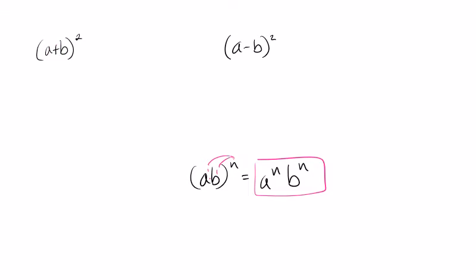So do not, on these, I repeat, do not try to distribute the exponents, okay? This is a very common mistake. And this here does not equal this here, okay? So do not try to distribute the exponent, okay? It's not the same thing.